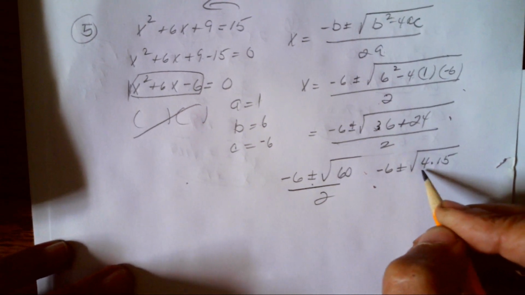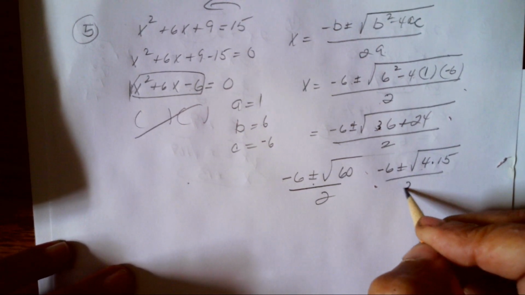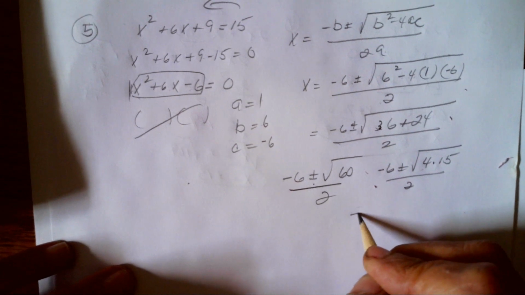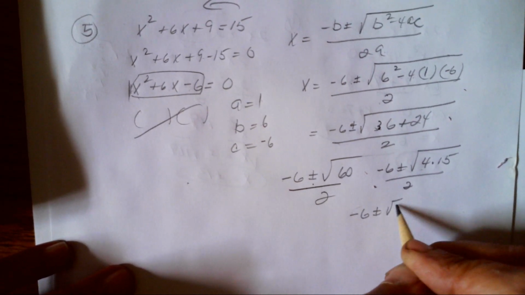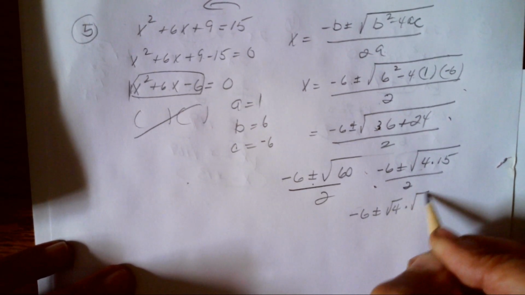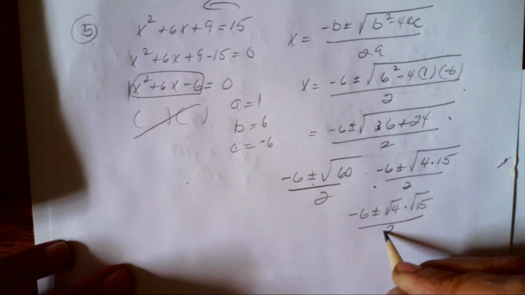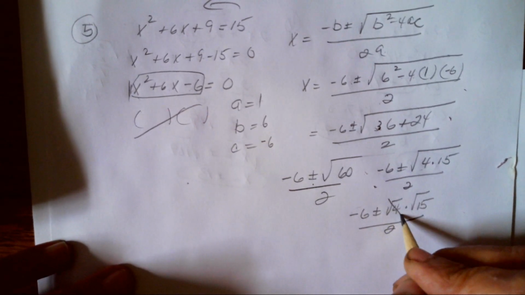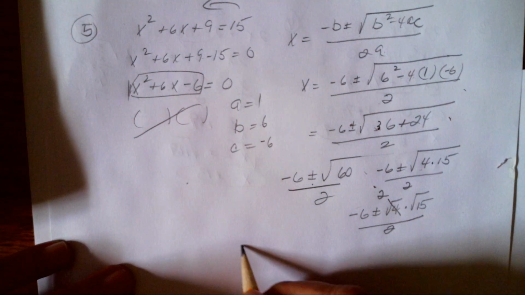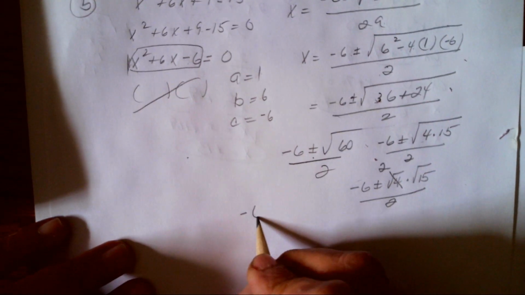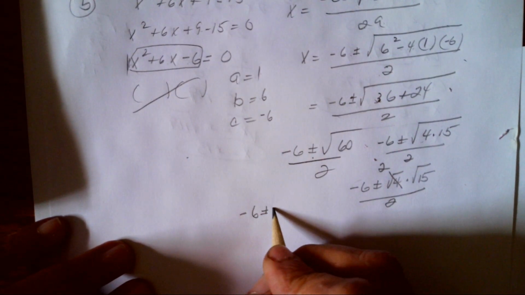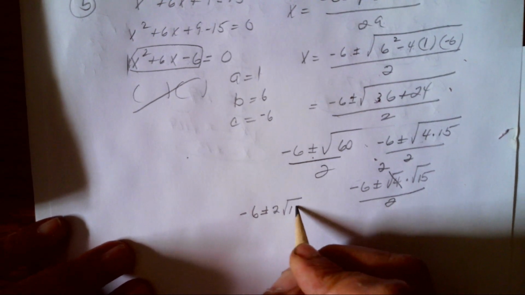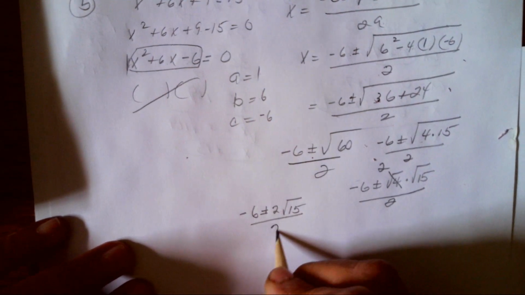Now why I chose 4 is because 4 is a perfect square. So this becomes negative 6 plus or minus the square root of 4 times the square root of 15 all over 2. The square root of 4 is 2, so this is negative 6 plus or minus 2, the square root of 15 divided by 2.